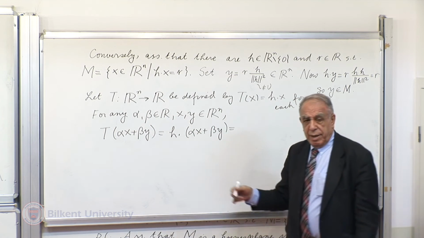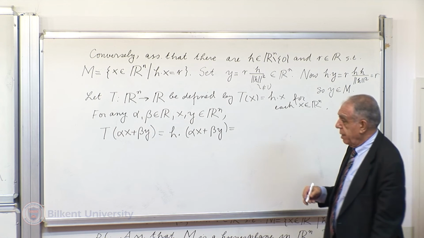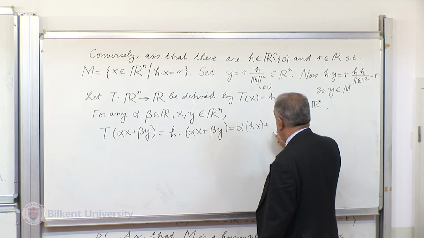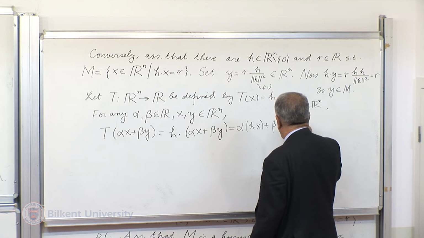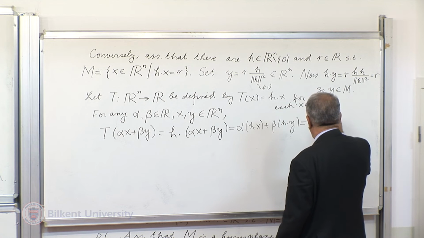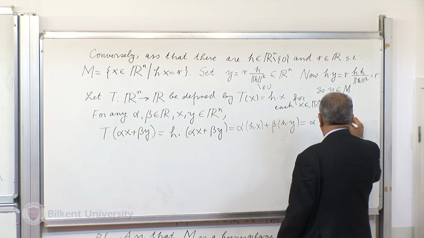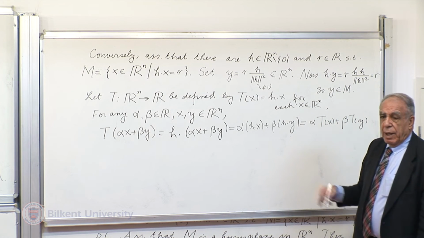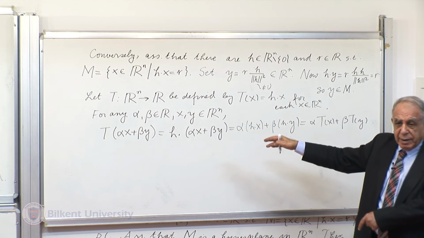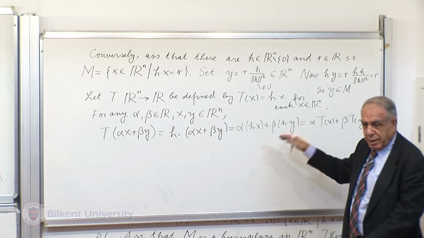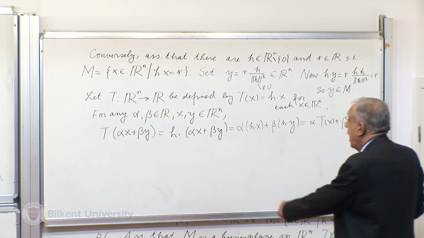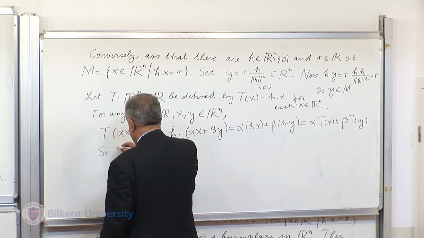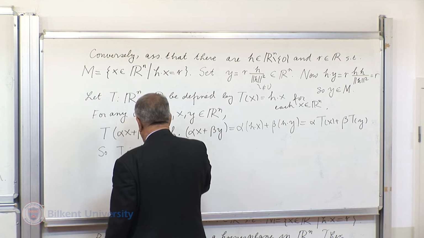But now we have the inner product properties. This will be alpha times h dot x plus beta times h dot y. But this is simply alpha Tx plus beta Ty. So it is only the inner product, not the fact that it's the usual inner product, but that it's an inner product, that makes this function a linear map. So T is linear.